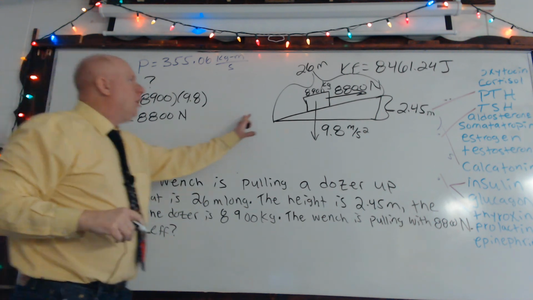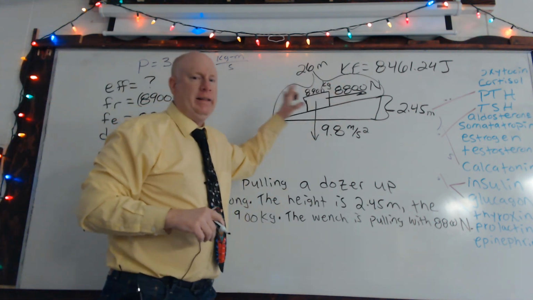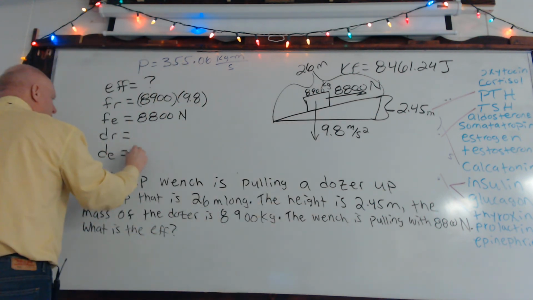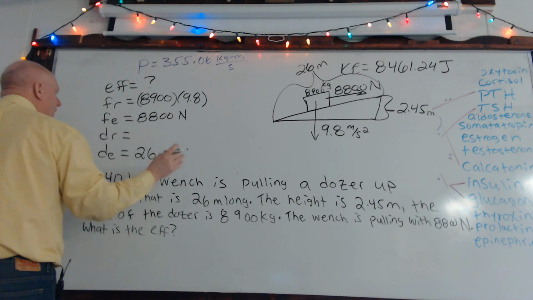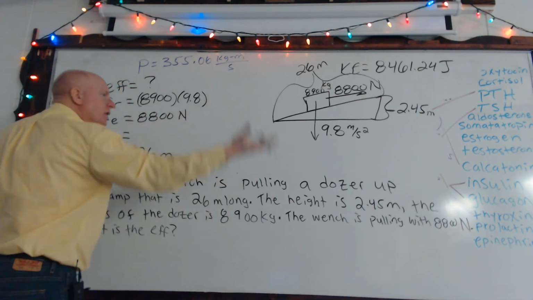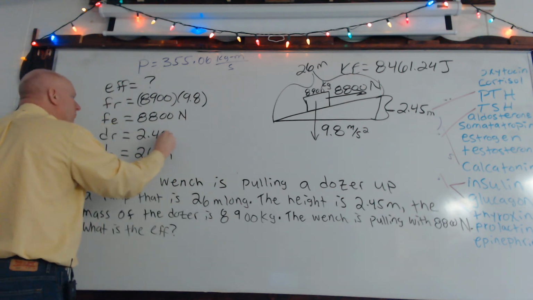So for how long is that winch pulling? Well, the length of the ramp, and that length is 26 meters. The effort distance is 26. And then from gravity pulling down, the height of the ramp is the resistance distance, so that is 2.45 meters.